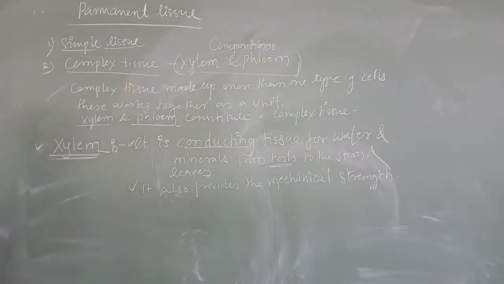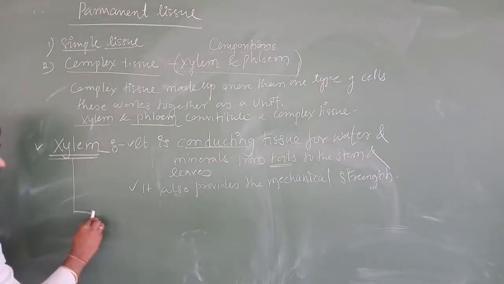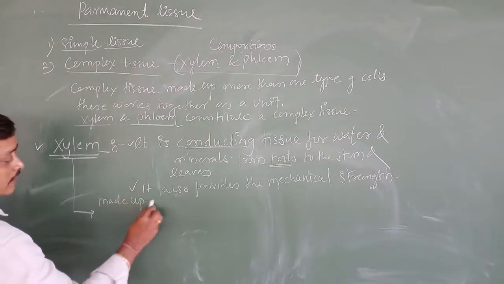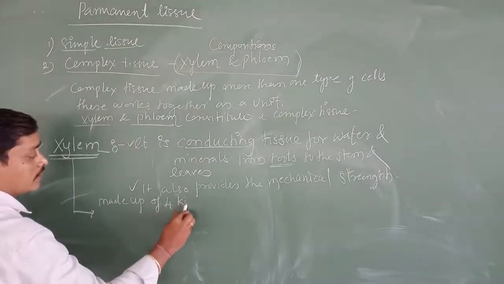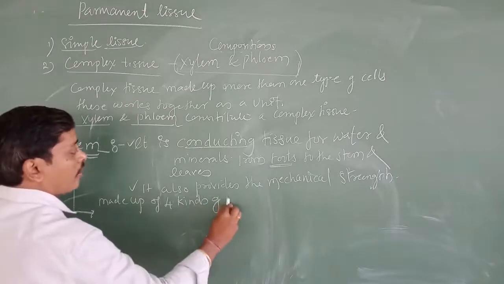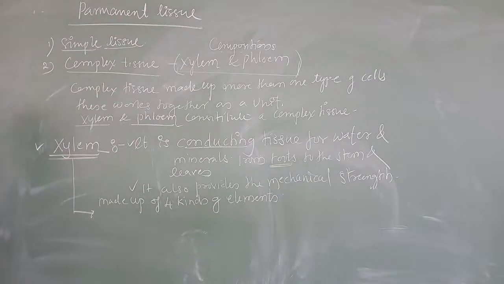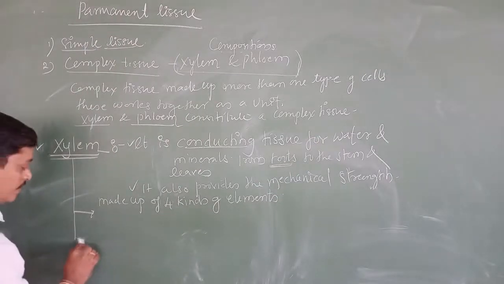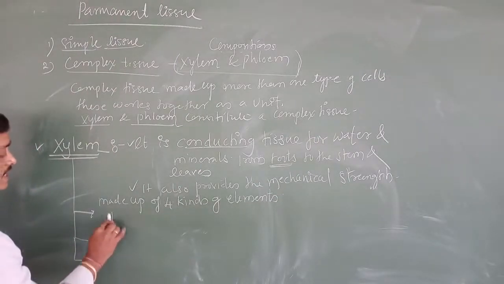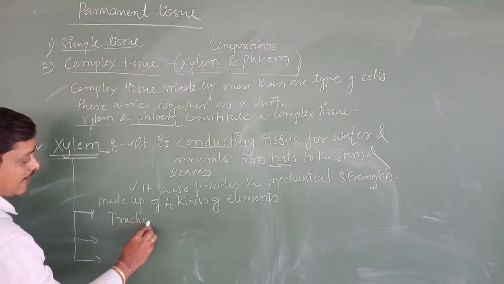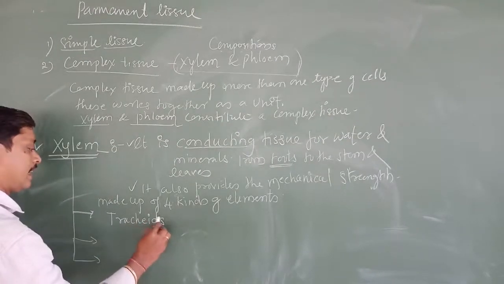Now, this xylem is composed of four kinds of elements. What are those four kinds of elements? I will write them here.